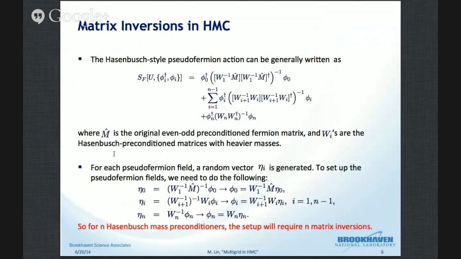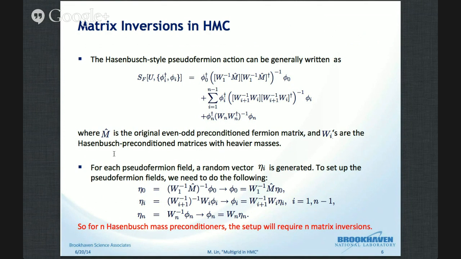And in order to get this action, after you generate a gauge noise, you generate a random Gaussian distributed noise, then you need to reconstruct the pseudo-fermion field using this set of equations.